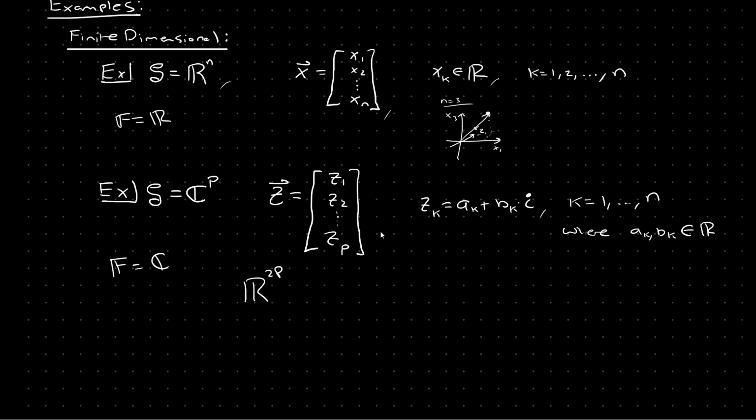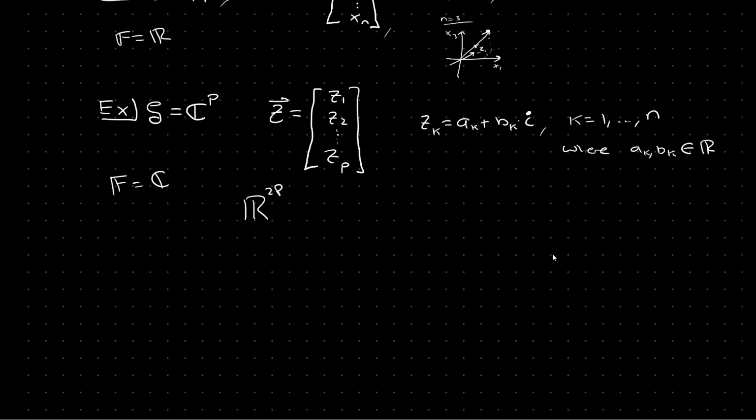The final finite dimensional example that I want to talk about is actually a function space, but it's a very special function space. It's the space of polynomials.